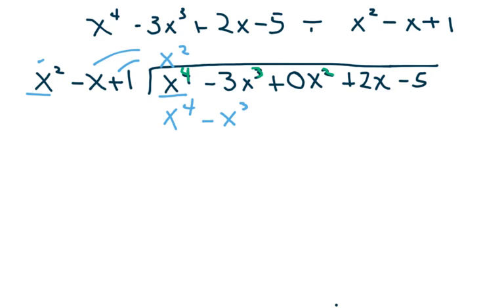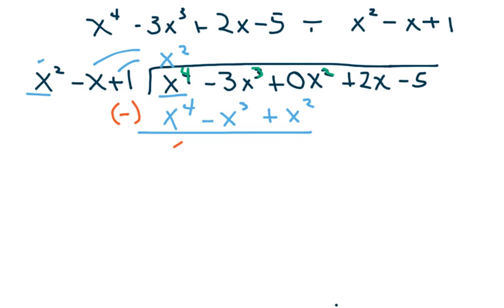And then we're going to get plus x squared. I'm going to subtract, and make sure you write this here. The mistakes occur right in this area when we're going to subtract. So x to the fourth minus x to the fourth is just 0, so I usually don't put anything there. I just leave that blank.